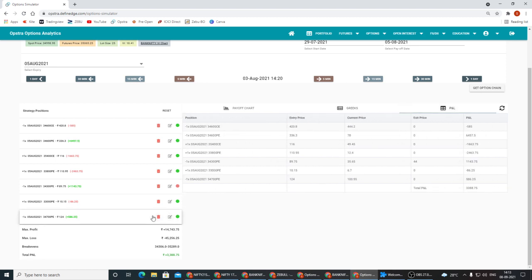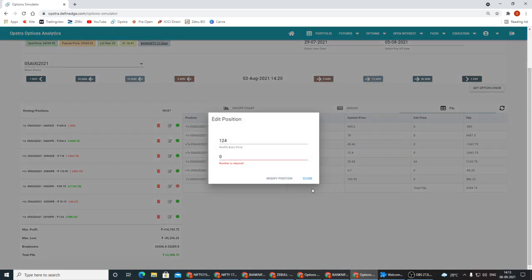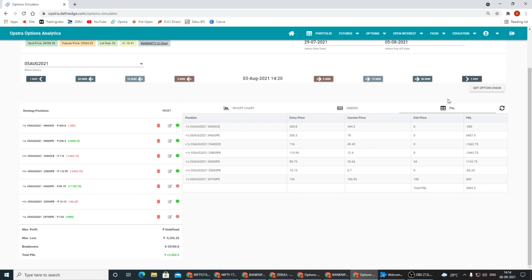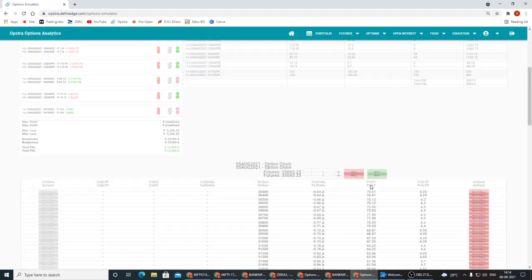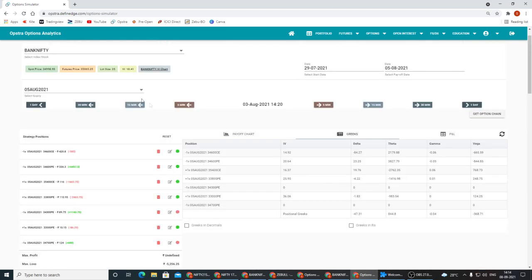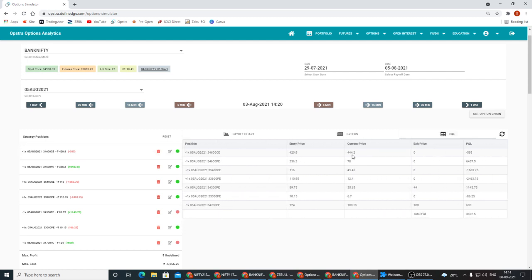So let's close 34,700. It is 100. Okay, now what we are going to do is we have to see the call last traded price, which is 444.